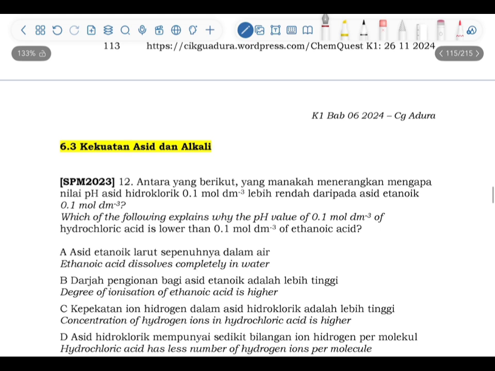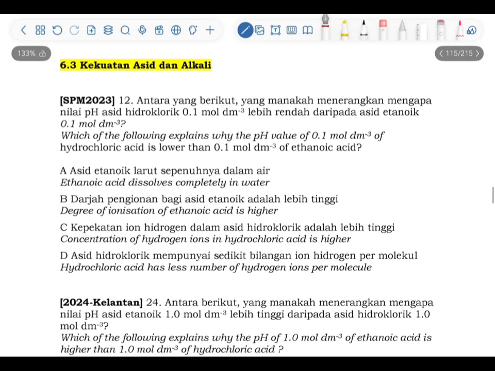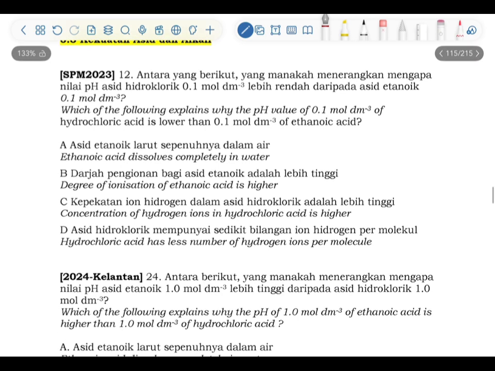Okay, next. These are the questions related to 6.3, the acid strength and alkali strength. So let's look at the first question. Which of the following explains why the pH value of 0.1 mole of the hydrochloric acid is lower than the ethanoic acid?